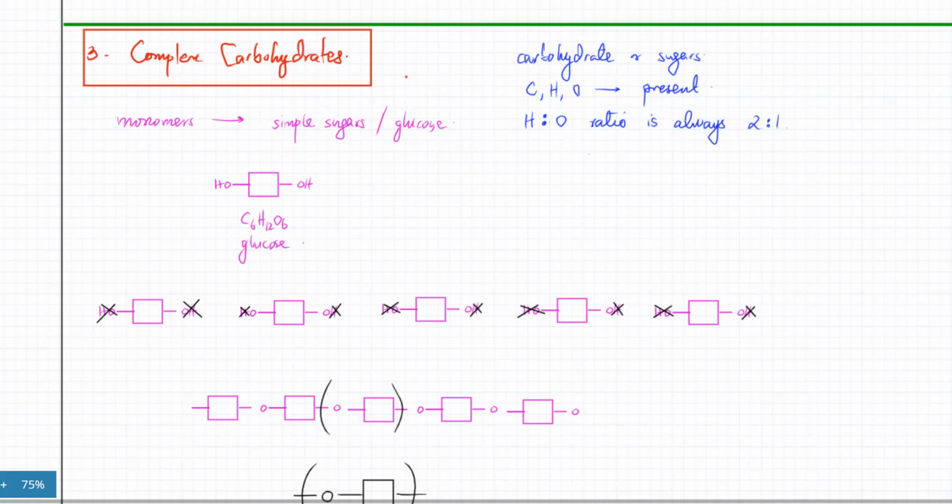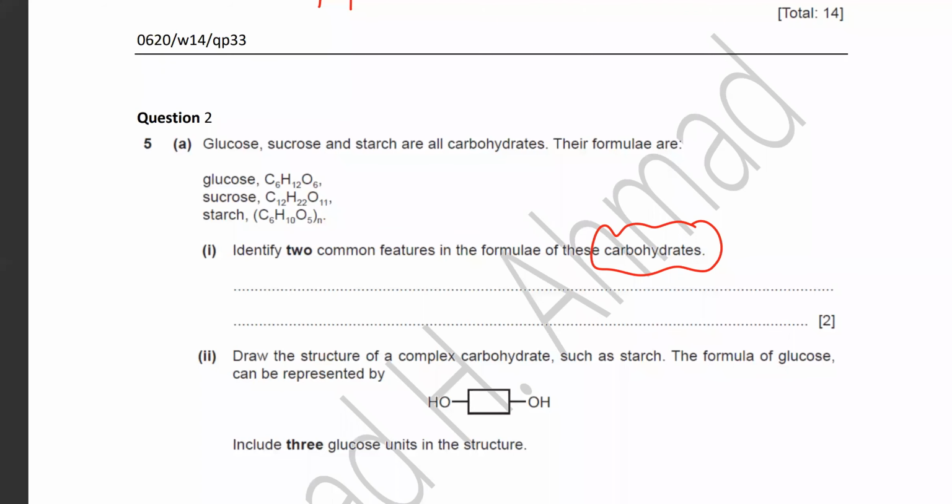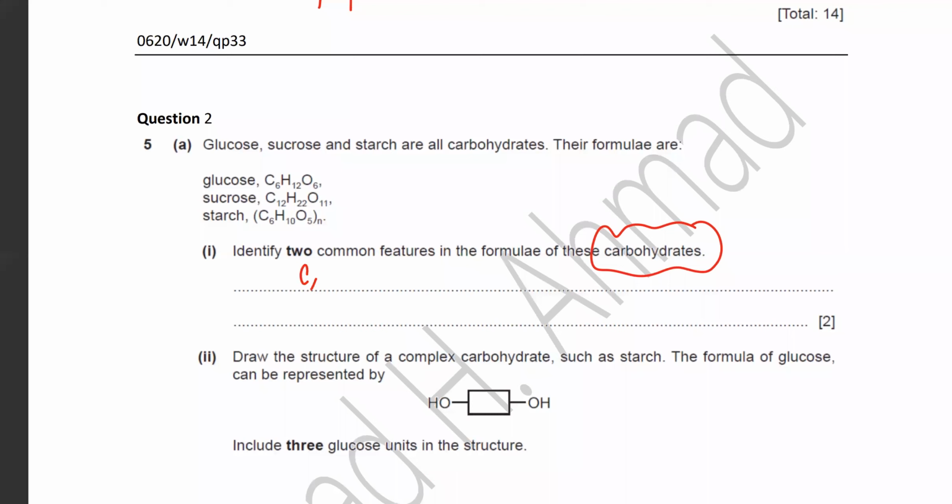So this is how complex carbohydrates were formed. The two common features: one is carbon, hydrogen, oxygen are present. And the second common feature is hydrogen and oxygen ratio is 2:1. अगर वो ऐसे कोई और चीज भी देते ना, आप इसको देख के ही कर लेते भाई क्या चीज कॉमन है इनके बीच में.